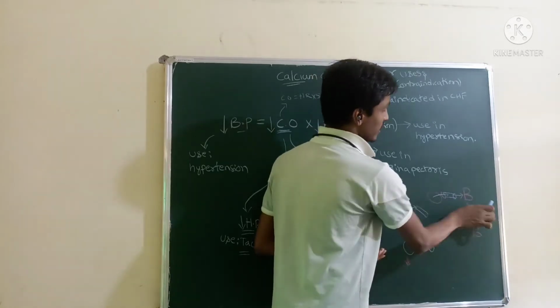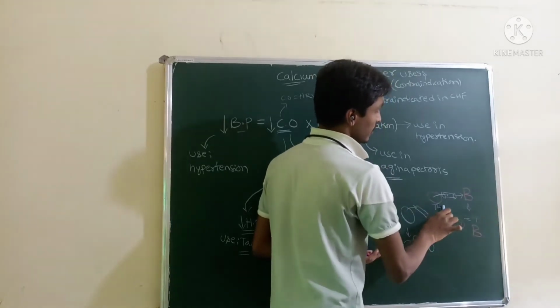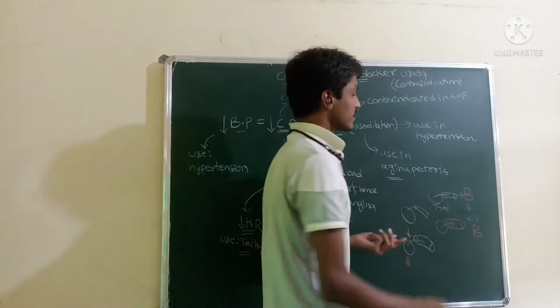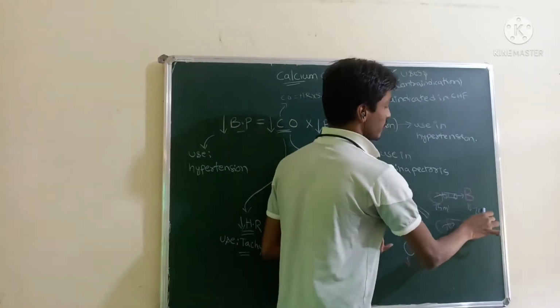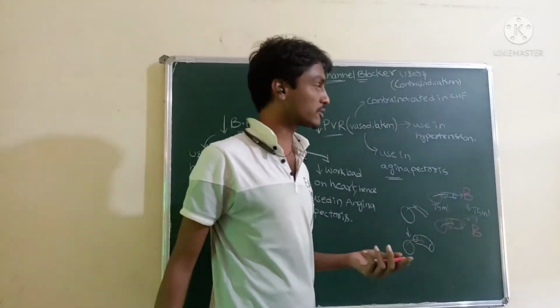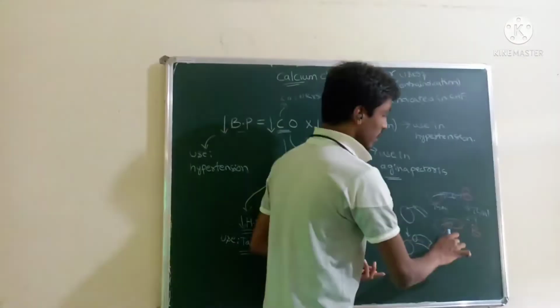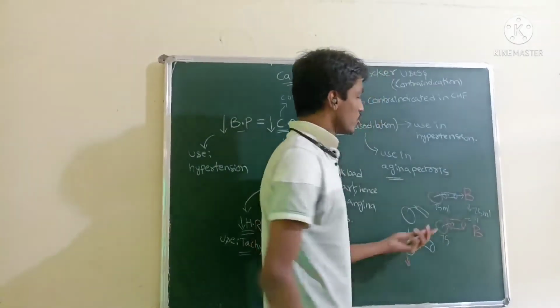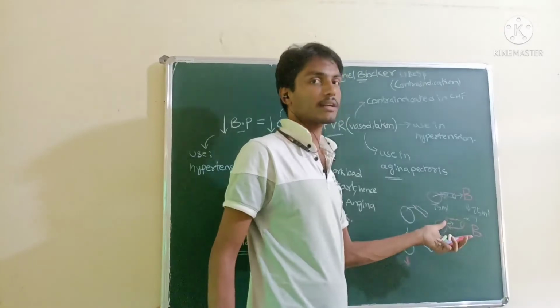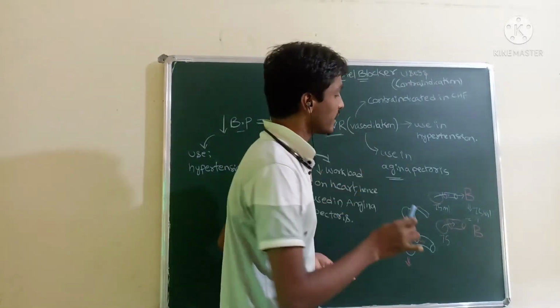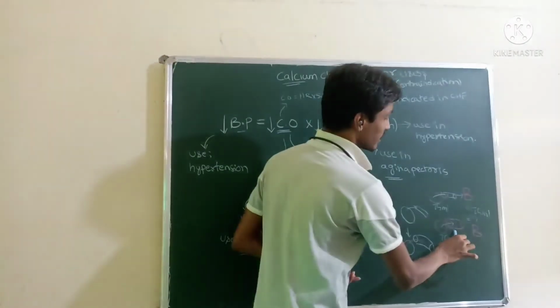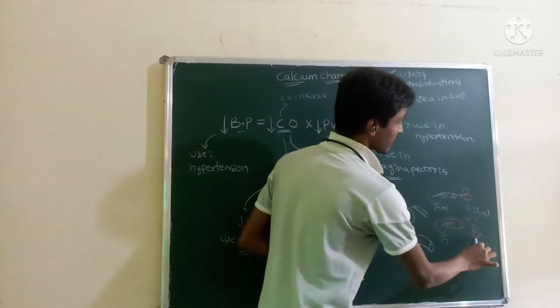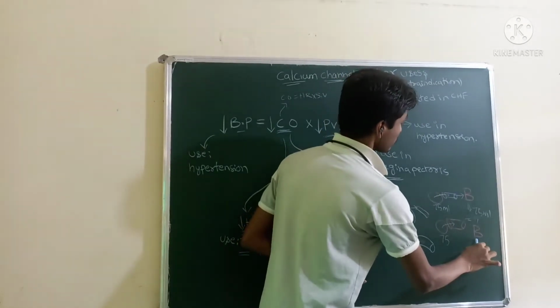Due to vasodilation, more blood is retained in the blood vessel. Only 60 ml of blood reaches the body part, and the remaining 40 ml of blood stays in the blood vessel.